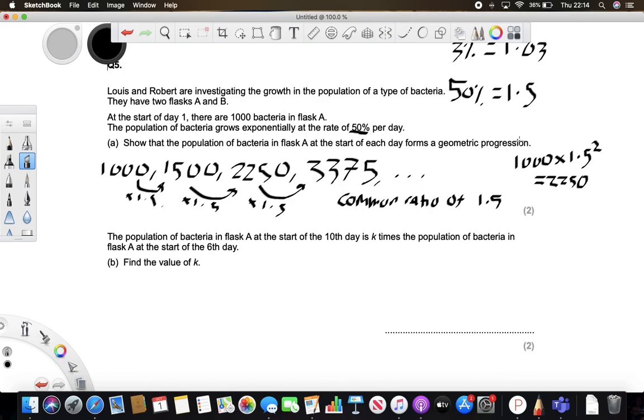So if we wanted the third term, we needed to raise it to the power of 2. So if we're after the 10th day, that means we're going to need the 9th power. And if we want the 6th day, we're going to need the 5th power. So it says that the population at the start of the 10th day is K times the population of bacteria in the flask at the start of the 6th day.